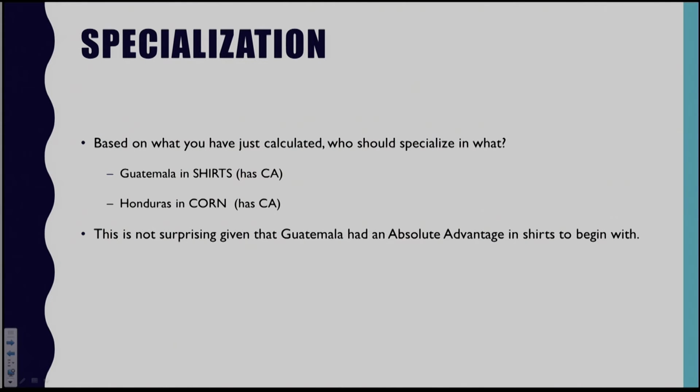Now, this answer right here is not surprising because remember, Guatemala had an absolute advantage in shirts to begin with. At the very beginning of this problem, we said, hey, Guatemala has the absolute advantage. And Honduras had the absolute advantage in corn to begin with. So it was very obvious how we should end up dividing these tasks.